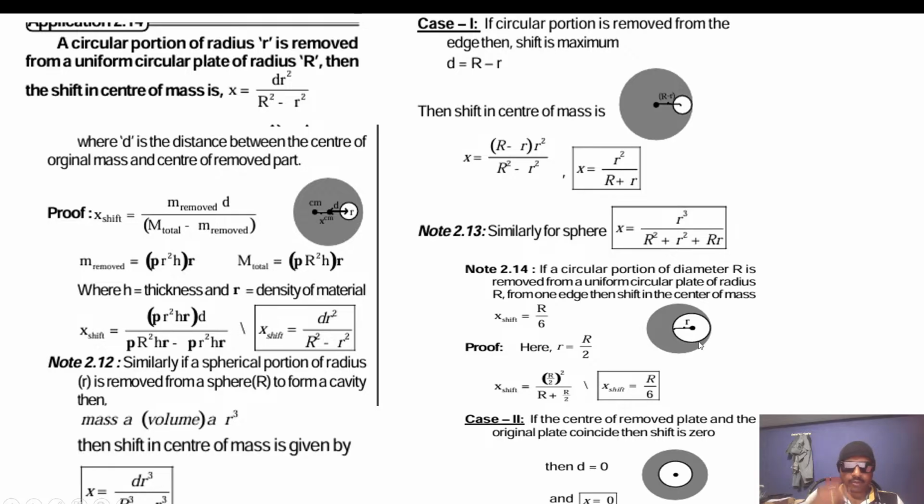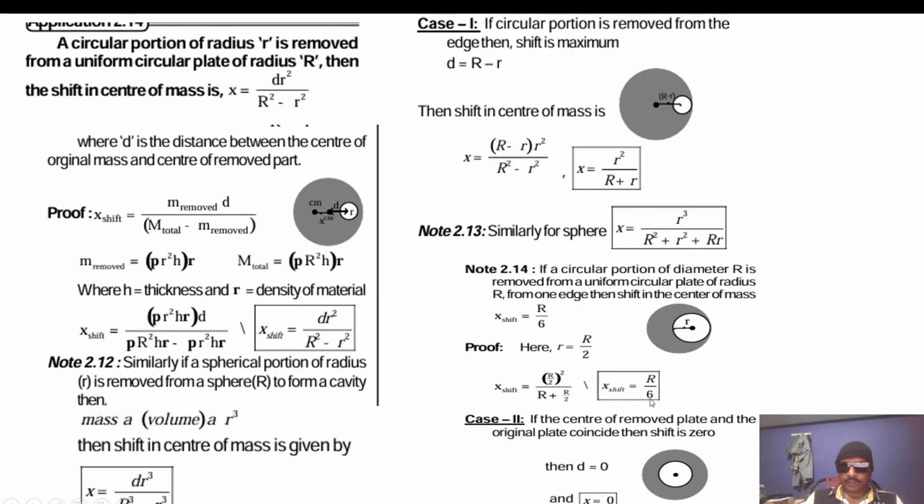Okay now, watch carefully. So here what is the difference? 2.14, 2.14. So the edge and the radius is half of the radius of the big circle. Okay?